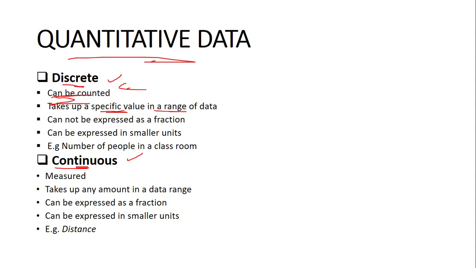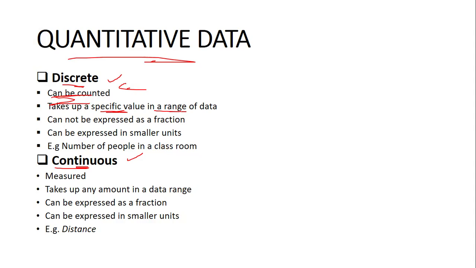For instance, the perfect example is a classroom. A classroom can either hold 50 students, 60 students, or maybe 20 or 30, depending on how that building was constructed. The people that occupy that room can be counted by hand. You can just say, okay, there are 20 people in here. You just count. That's discrete data.